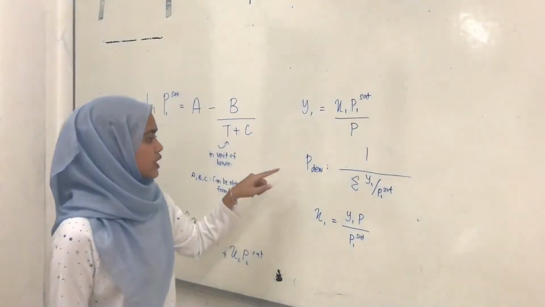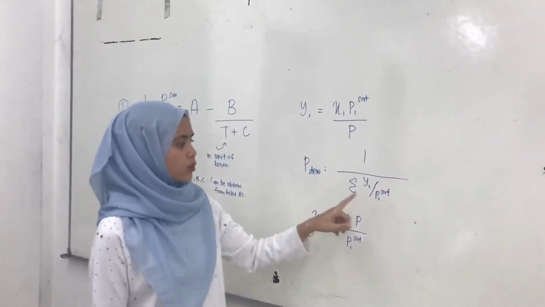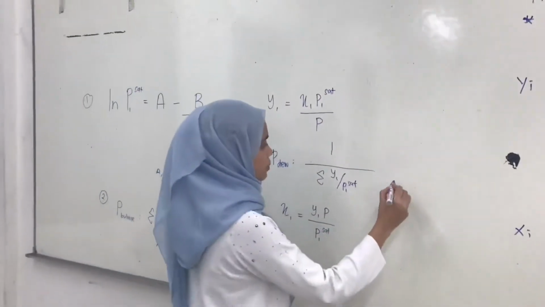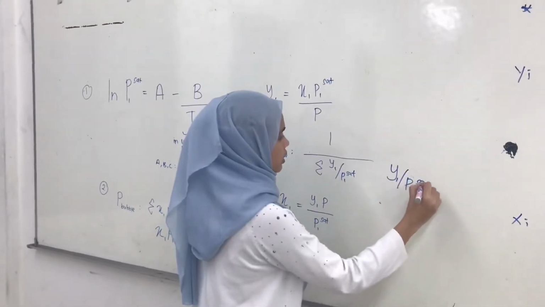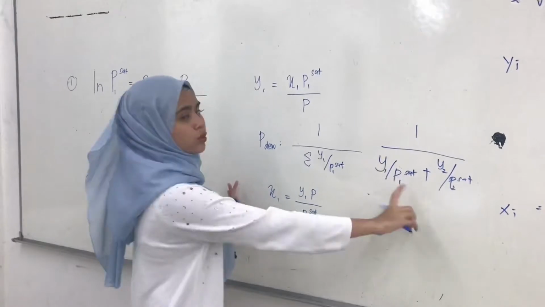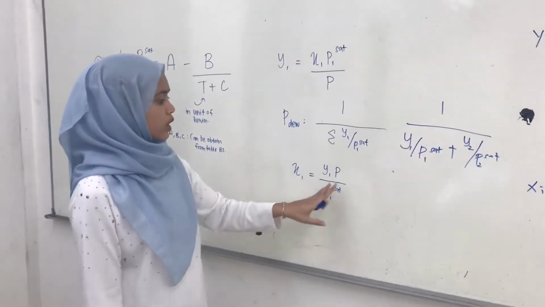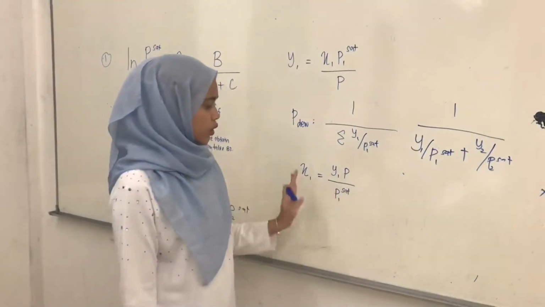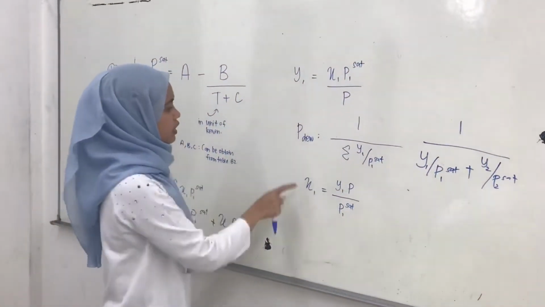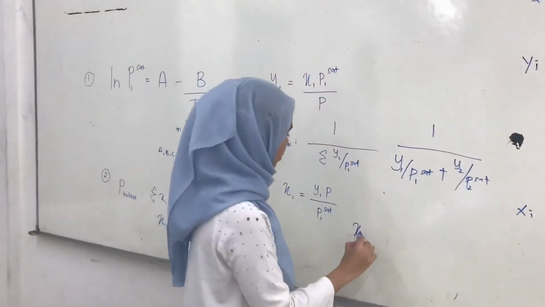And then the next one is dew pressure equals 1 over the summation of y1 over P1sat. And then next is x1 equals y1 times pressure over P1sat. So all of these are related to Raoult's law.